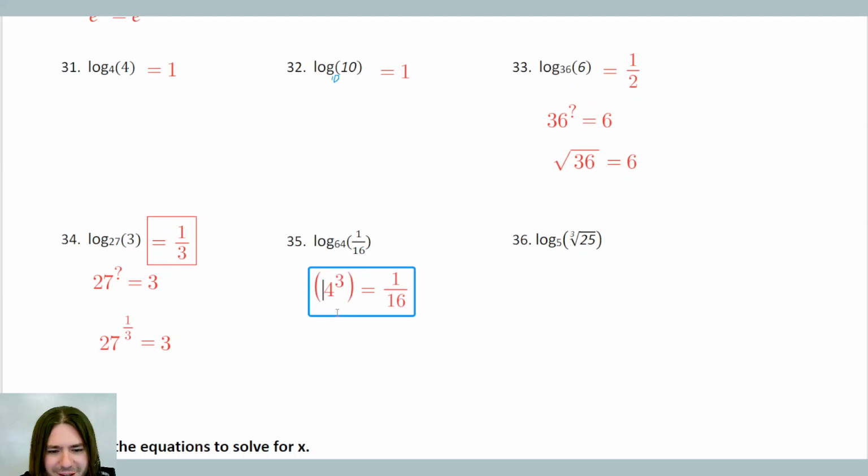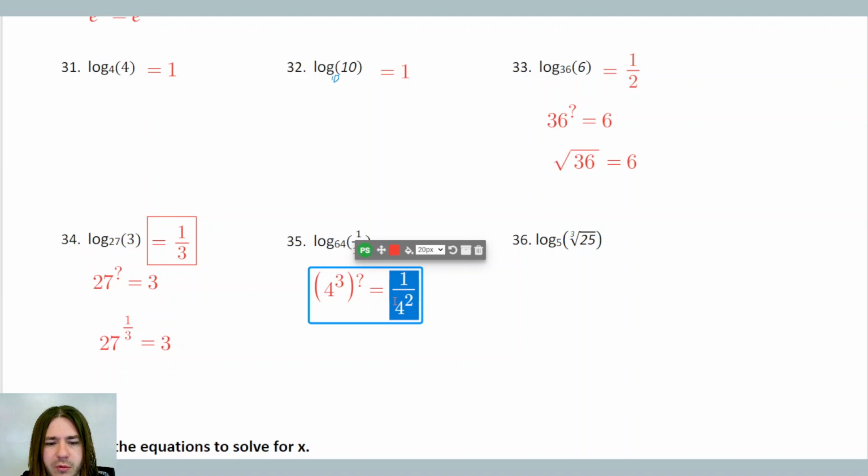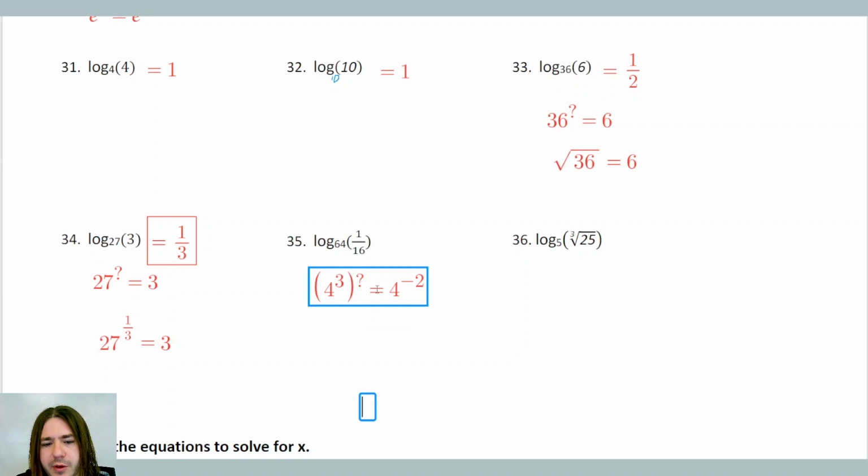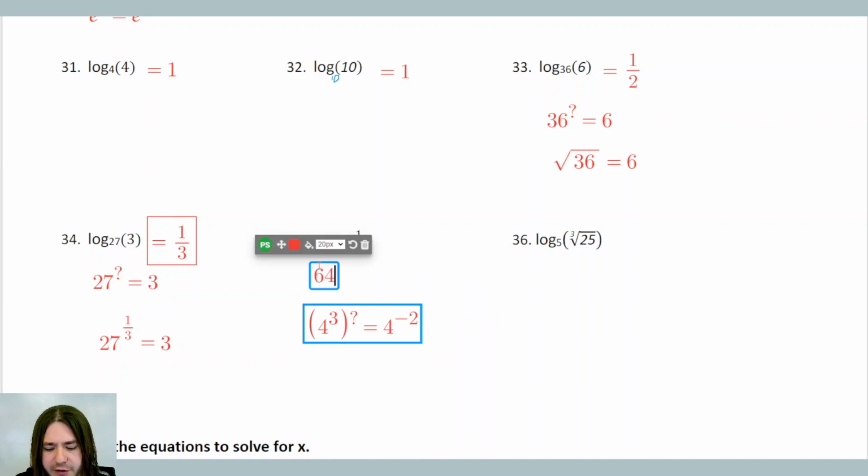There we go. So, in other words, 4 cubed to some power is 1/16. Now, 1/16 is 1 over 4 squared, right? And we said before, if this is in the denominator, then this is equivalent to 4 to the negative second power. So now we're getting closer to a statement that might be easier to figure out. We started off by saying 64 to what power is 1/16, and I rewrote both of these using the same base.